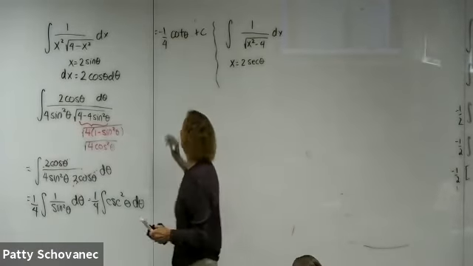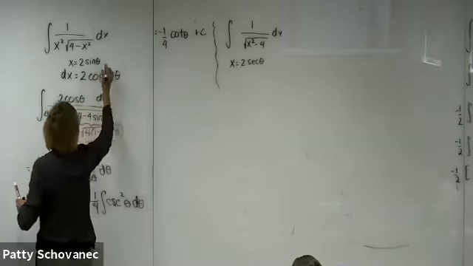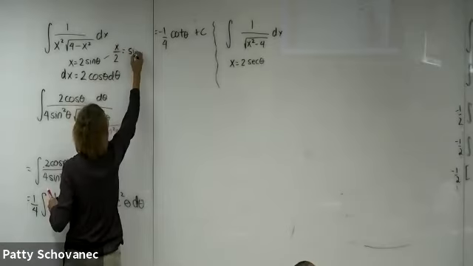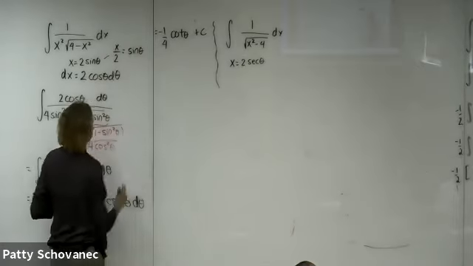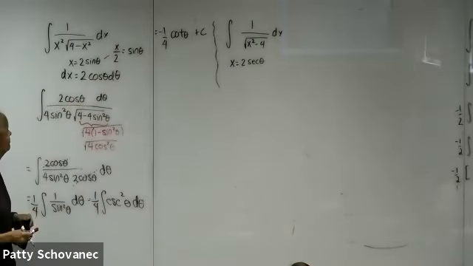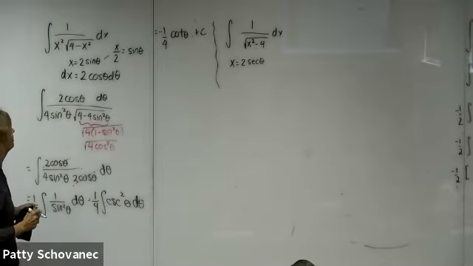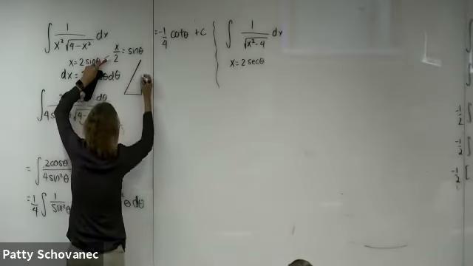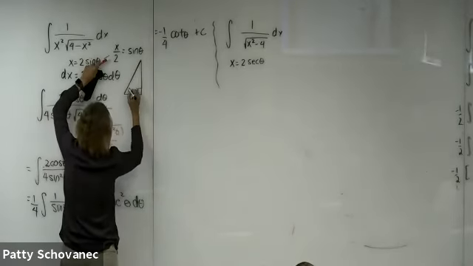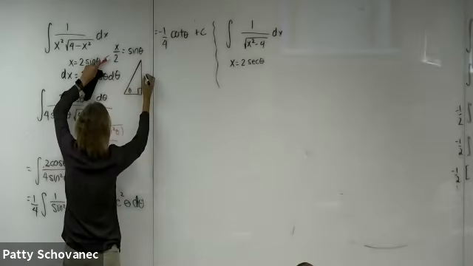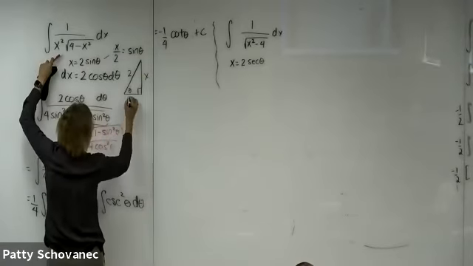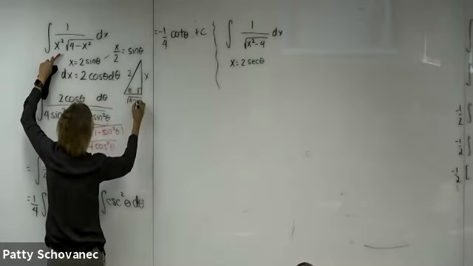All right, now, if you just say that theta is the arcsine of x over 2, then you've got your answer written as a function of a trig function. So instead, what I prefer is to draw the triangle. Sine is opposite over hypotenuse. So that leaves the third side, which is always this.